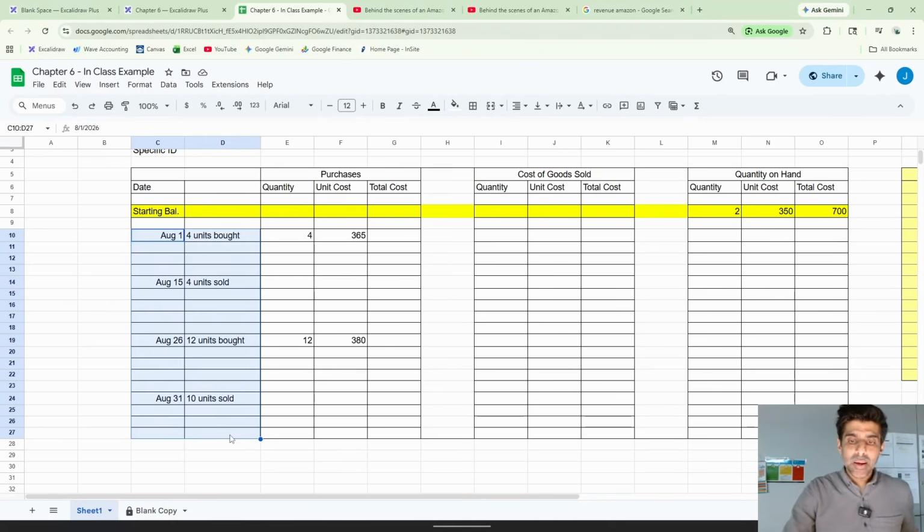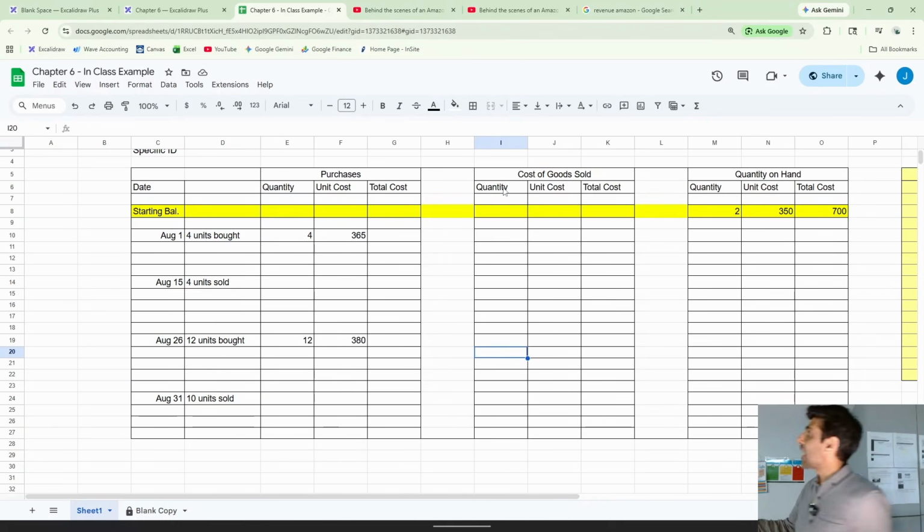The other thing to keep in mind is that the revenue side, because you can see here we're doing sales and purchase transactions, is separate from this. The revenue is dependent on what we're selling to our customers for, so that is independent of this calculation.